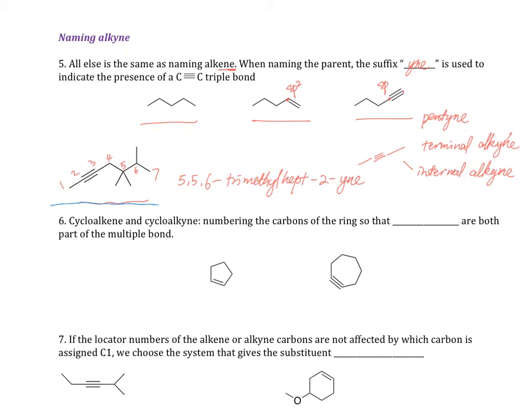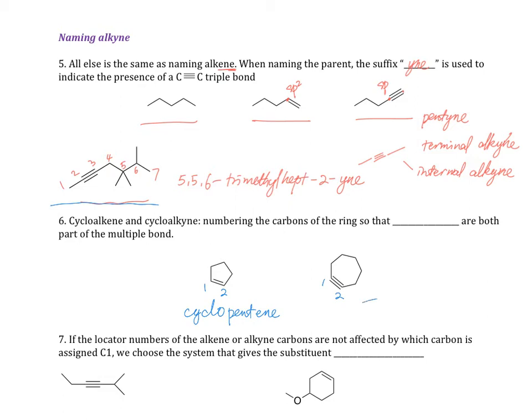So it's always multiple bond gets 1 and 2, 1 and 2. So for this ring on the left, it's called cyclopentene. So that we don't have to indicate the location in the name if it's only one multiple bond.